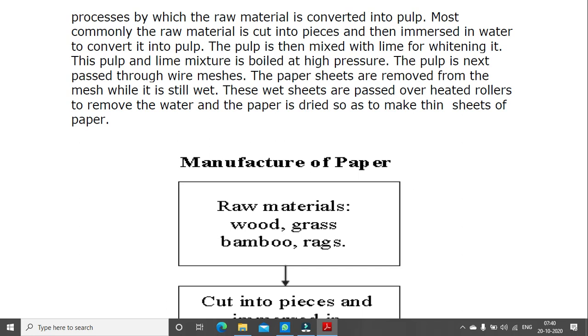So all the dirt or whatever marks are there on the paper will go away. This pulp and lime mixture is boiled at high temperature. The pulp is next passed through wire meshes. What do you say, jali? Okay. The paper sheets are removed from the mesh while it is still wet. These wet sheets are passed over heated rollers to remove the water and the paper is dried so as to make thin sheets of paper.